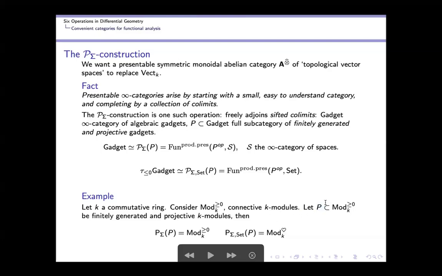That's what happens if you look at functors that take values in spaces, and if you just look at functors that take values in sets, then you just get the ordinary category of K modules, which here is denoted by this little heart. It's the heart of the t-structure. So this is a very powerful construction, and we're going to use this to produce the category A that we want.